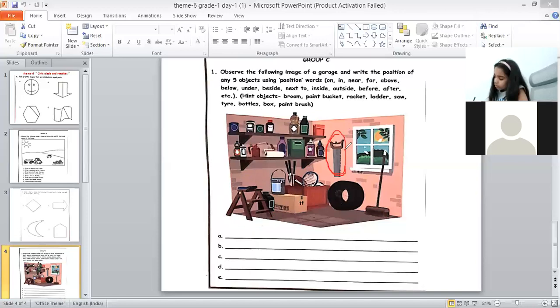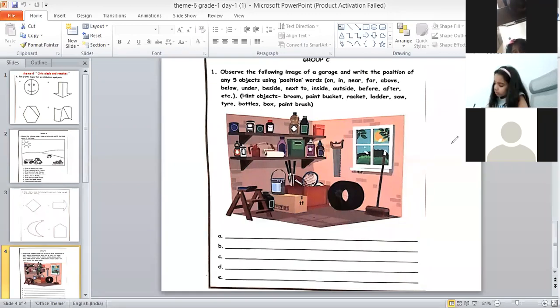You can say the saw is hanging on the wall, right? So similarly, you have to use different objects and frame any 5 sentences. It is up to you. You can frame any sentence, but it should be correct.